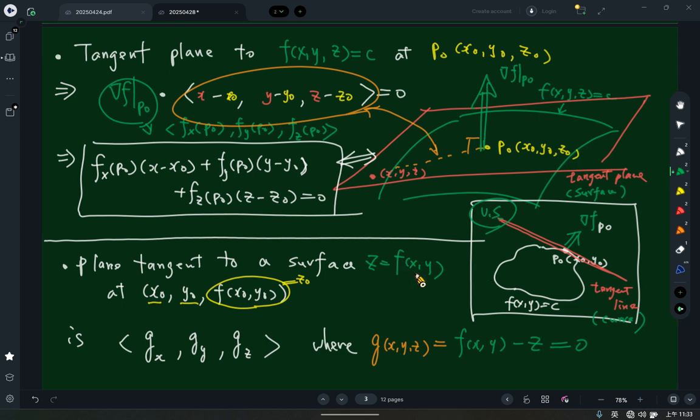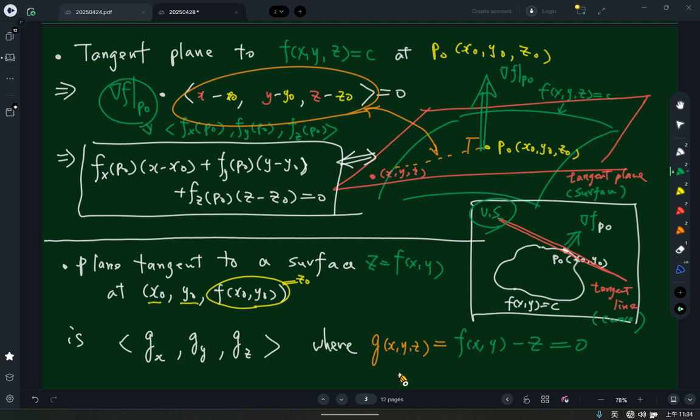I just make it smaller. Please just look at here, and also here. F of x, y, z is equal to c. So even though I give you z is equal to f of x, y, we still can make a new function g of x, y, z is equal to f of x, y minus z.